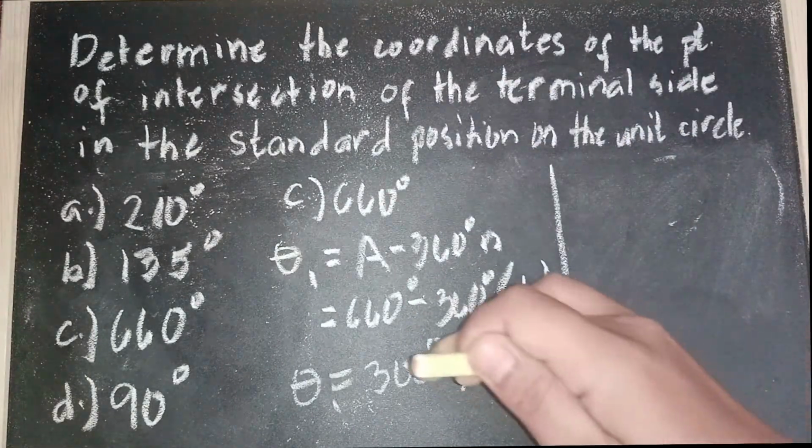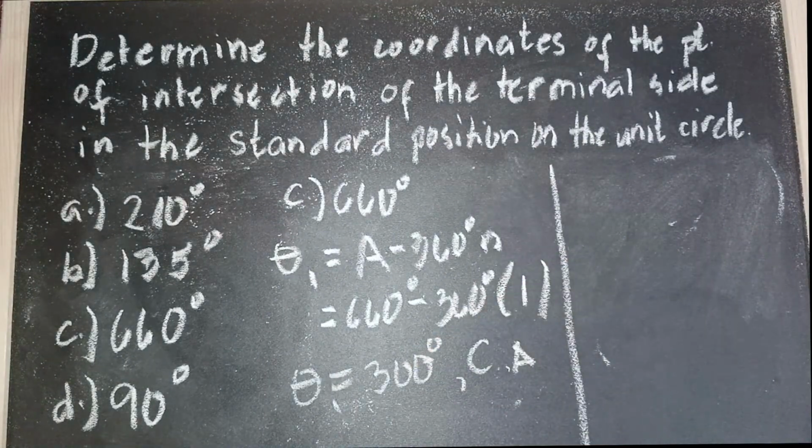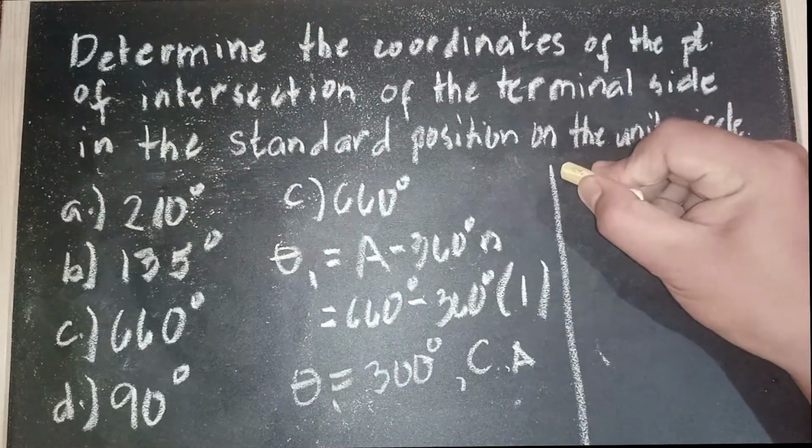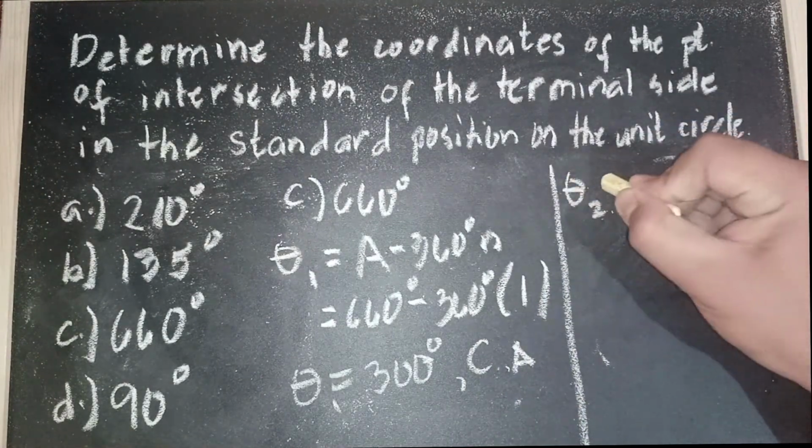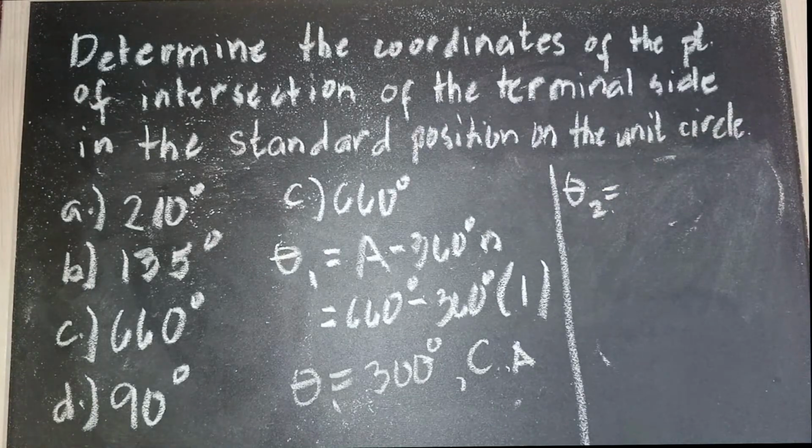So, the 300 degrees, where is its terminal side located? Tama, mga boss. It is in the fourth quadrant, between the negative y-axis and the positive x-axis. Now that it is in the fourth quadrant, we get the reference angle. Say, the reference angle is theta sub 2.